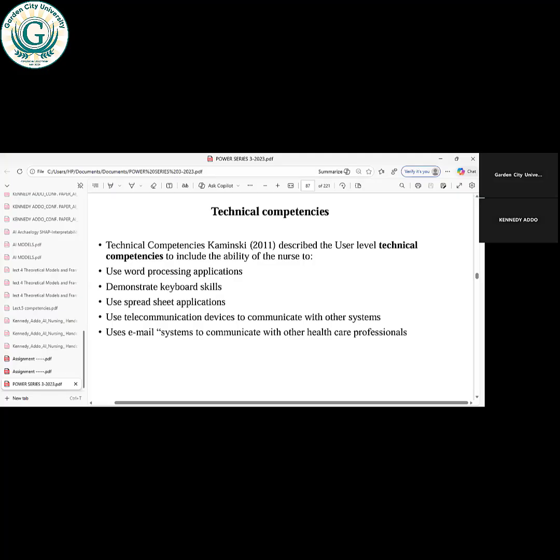And they say that at the level of a beginner, you should be able to do all these things, whether you are able to use word processing. One thing that will become quite clear is that when you are doing a case study, hardly do students get time to prepare their own case study through typing. They are given to those people who have mounted some containers around to do the basic typing for all of us.